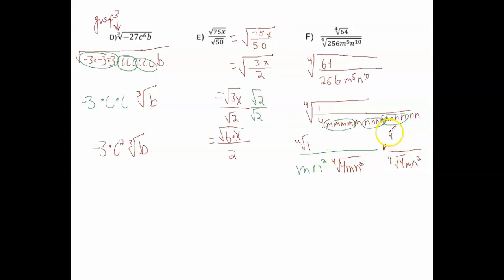So I'm multiplying by a fancy 1. My new numerator is the 4th root of n squared times 4.